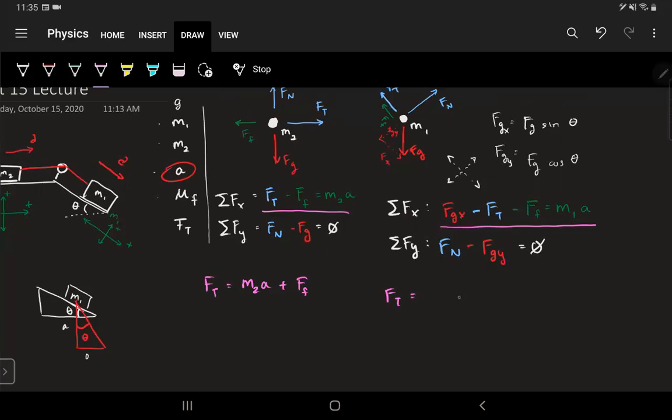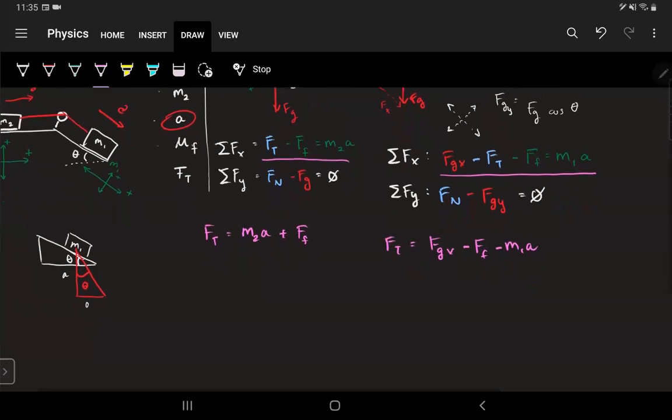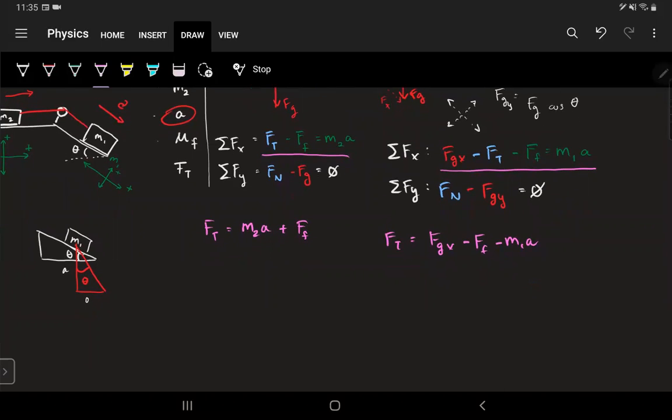Ft equals fgx minus f of f minus m1a. All right. Now you can set these two equal to each other. Remember, we have substitution on our side. So ft sub ft, so we have m2a plus f of f equals fgx minus f of f minus m1a. Great.